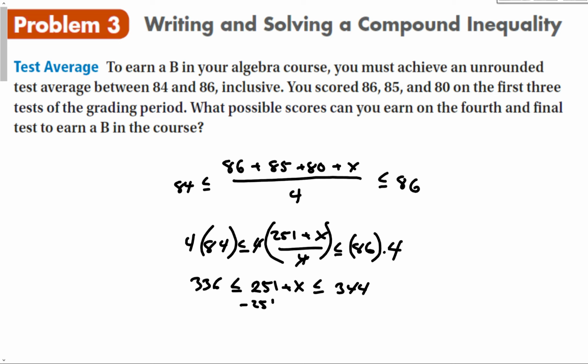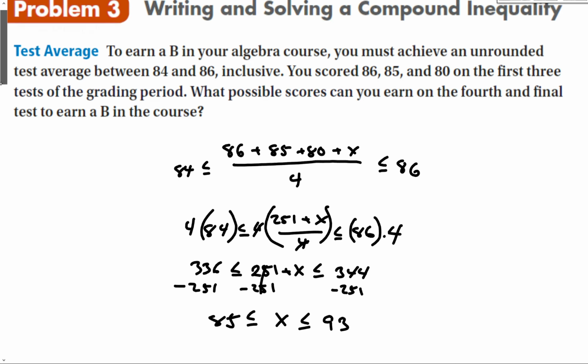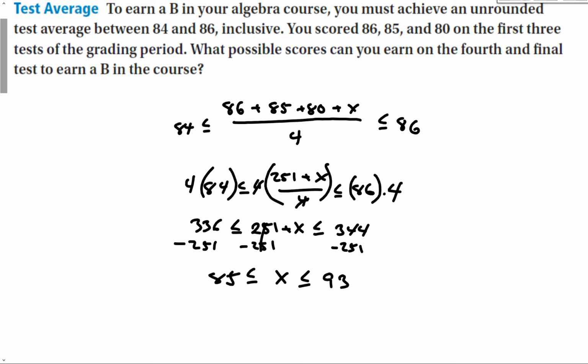Subtract 251 from all three places, which would give me, those cancel, x. Do the right hand side first, which would give me 93, and then 336 minus 251 gives me an 85. Okay? So I have to get between an 85 and a 93 in order to earn a B in this course.